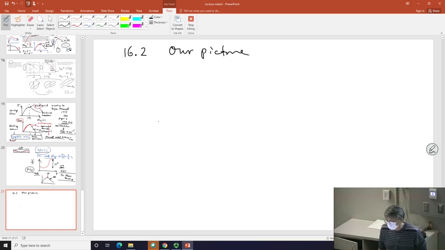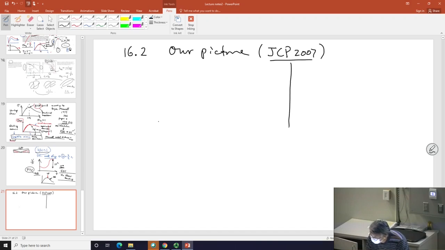So in this picture, which is really completed in the description of the Journal of Chemical Physics 2007, just to give you the timeline, it was all clear by the summer of 2006.